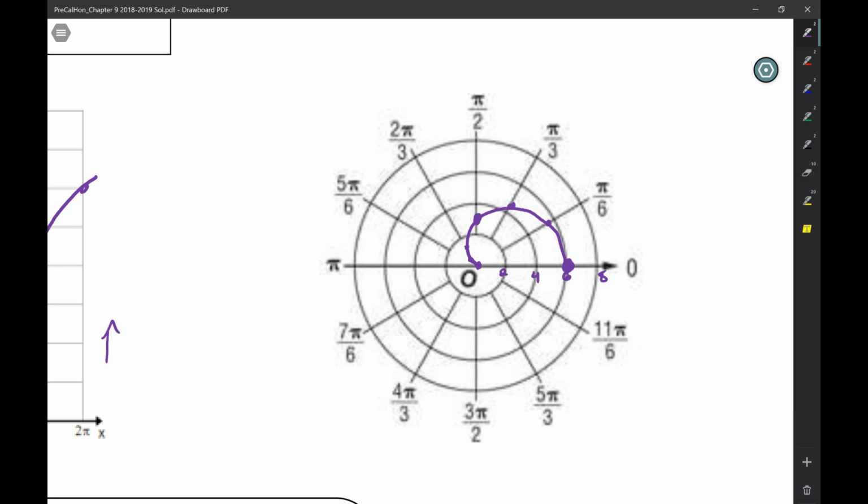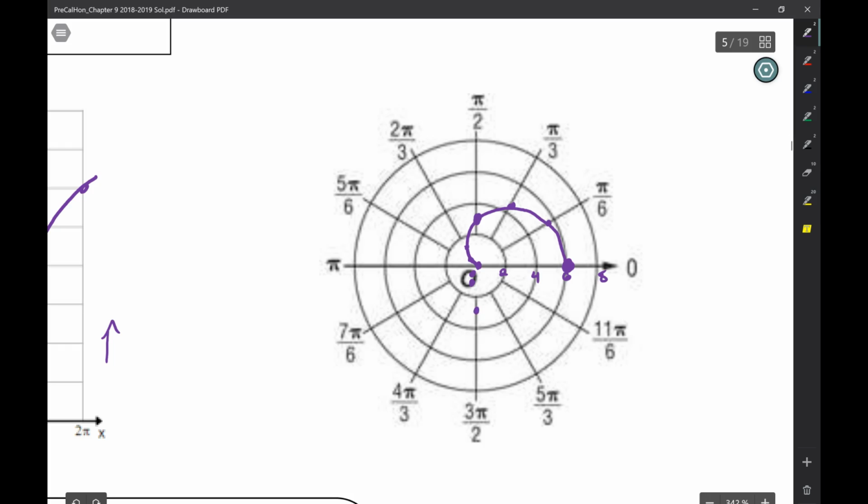So now, as theta increases again, at 7 pi over 6, it's 0.4. So it increases incrementally a little bit. At 4 pi over 3, a little bit more to 1.5. At 3 pi over 2, now it's 3.